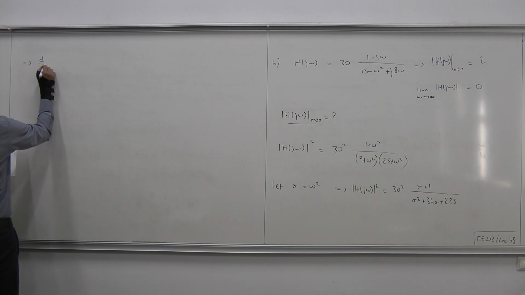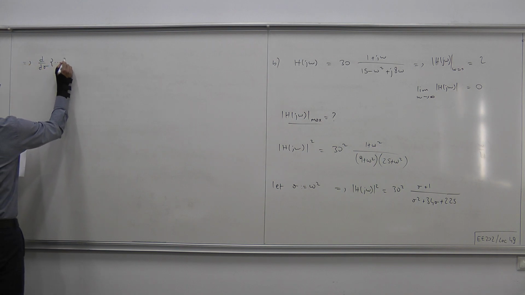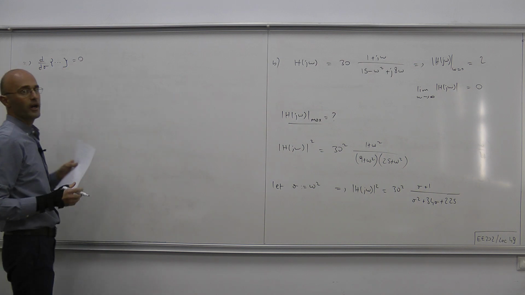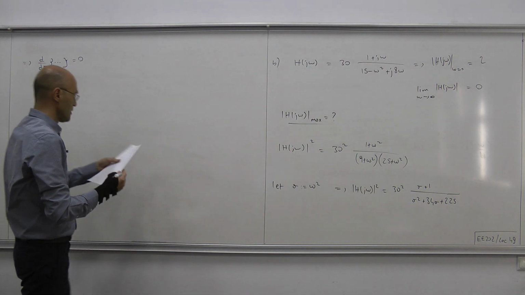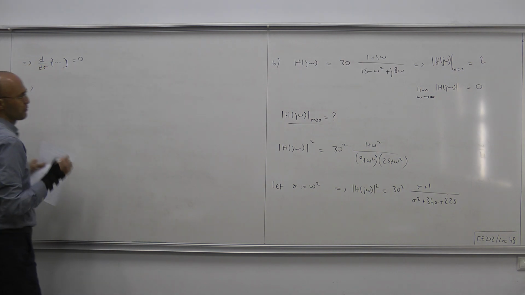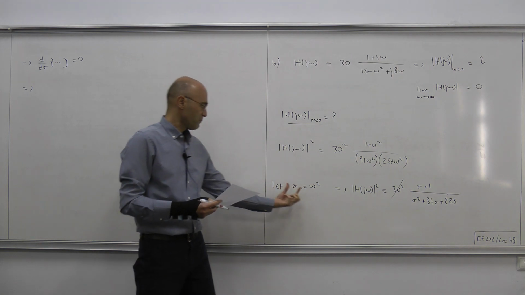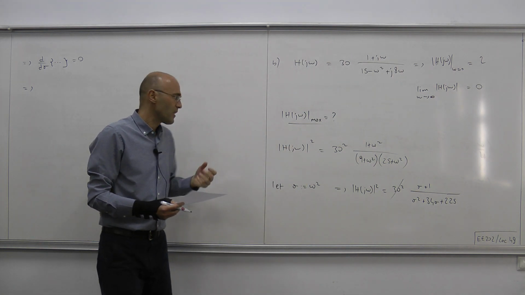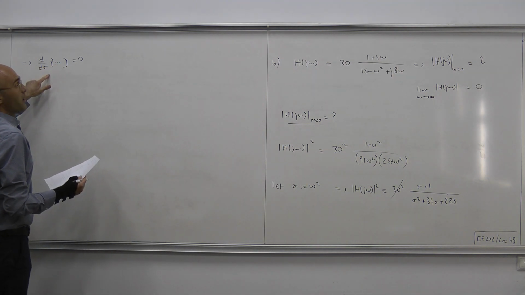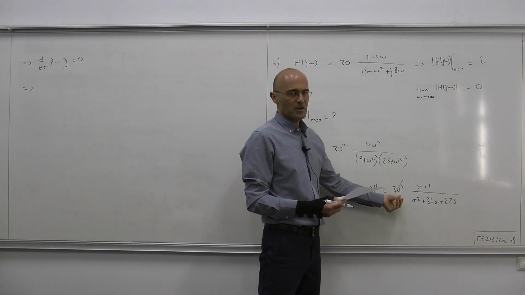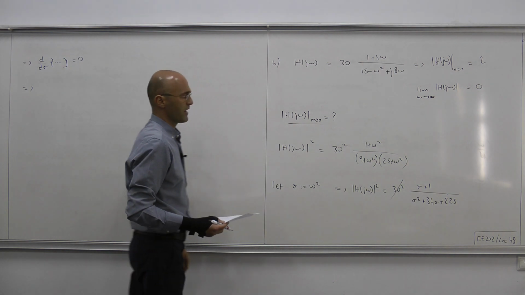Okay, differentiating that with respect to σ and equating that to 0. First of all, we can forget about the constant as far as figuring out the maximum frequency, because it is constant multiplying the thing, so it will not affect anything.